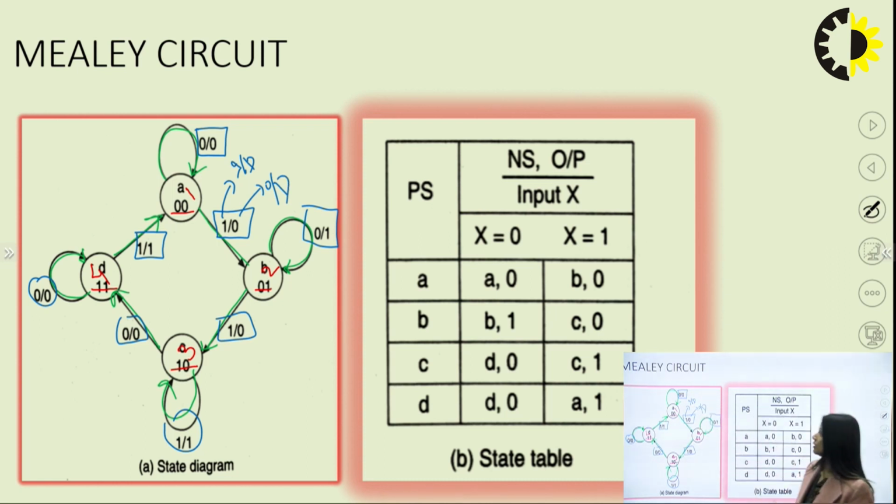It is the same for all. Now coming to the state table. Once my state diagram has been made, the state table can be written. So let us see how the state table can be written for the Mealy circuit.